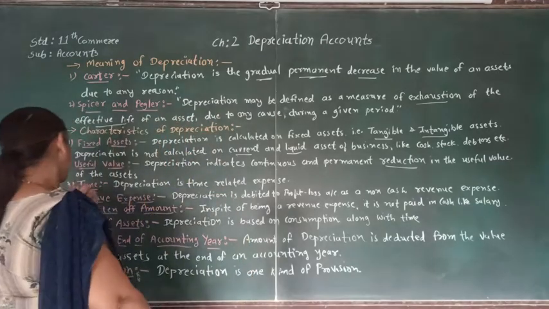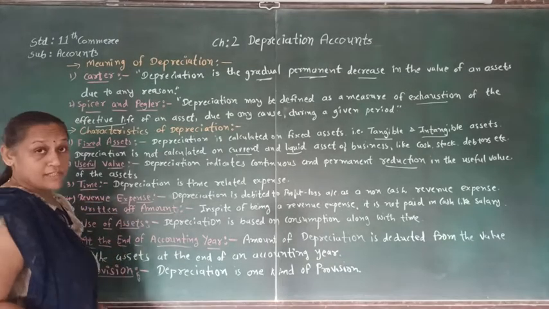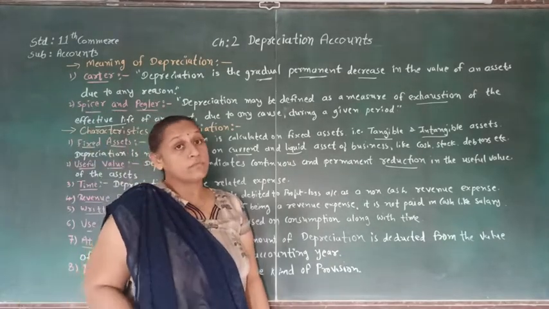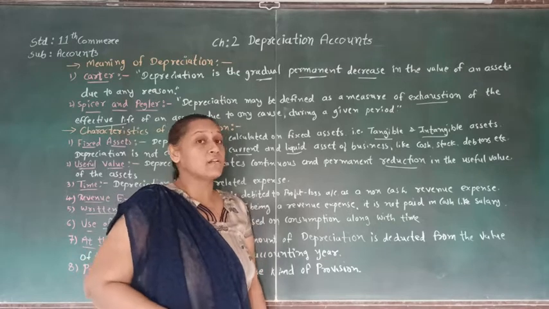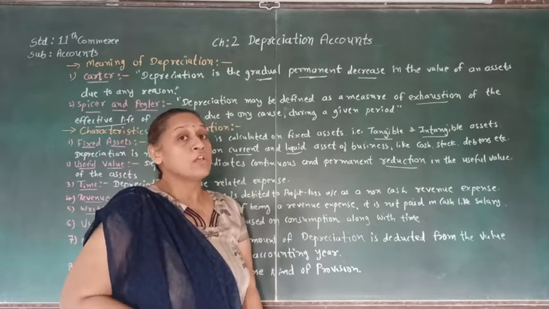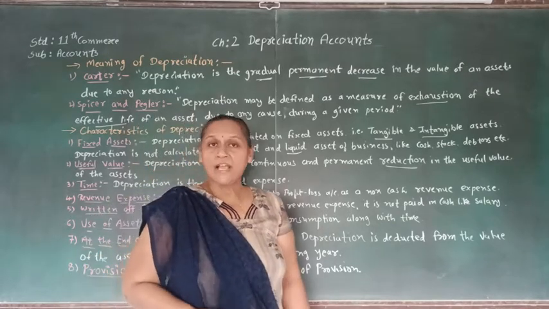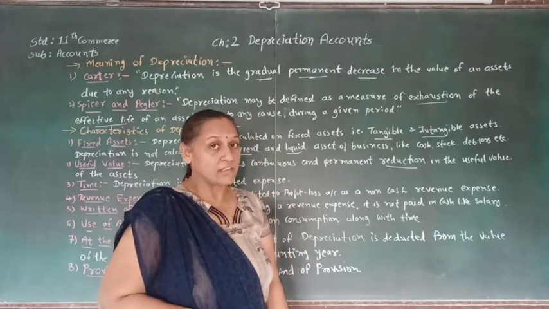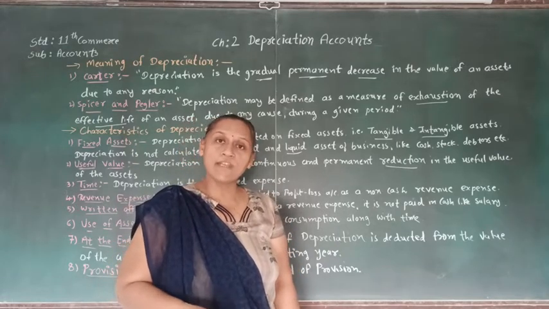The next one is time. Depreciation is an expense that is related to usefulness as well as time. Even if we are not using the asset, because of the time factor depreciation must still be calculated.